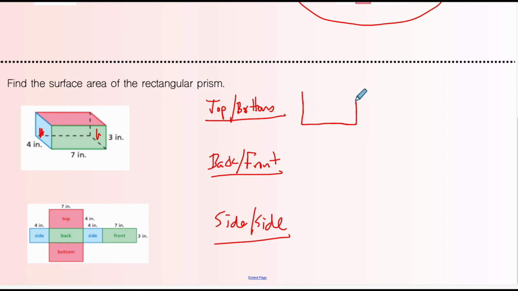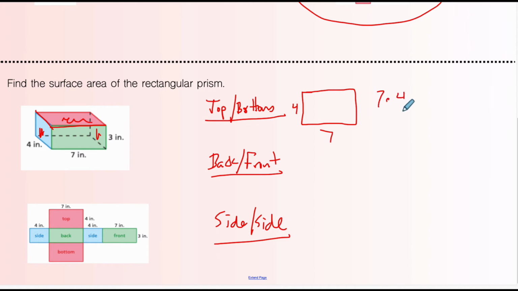In this shape, they are the red image, the red top here. So the top and the bottom are 7 inches across by 4 inches deep. So 4 by 7. Now, how do you find the area of a rectangle that's 7 inches by 4 inches?